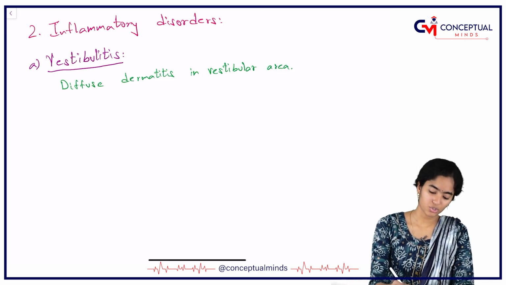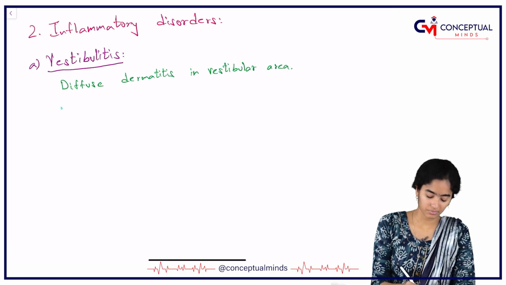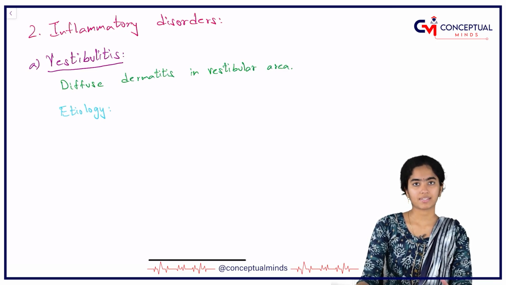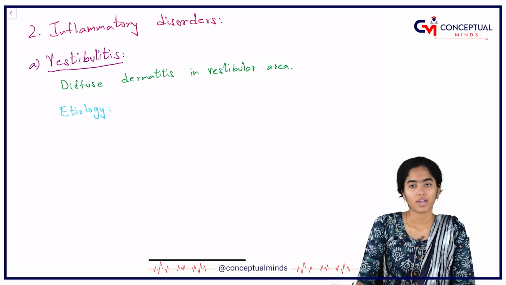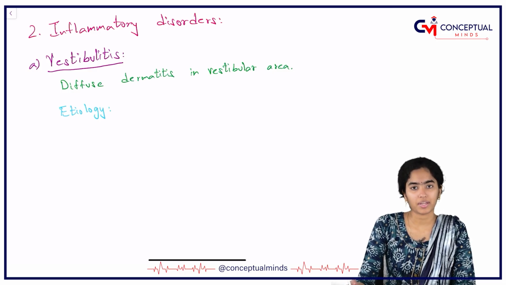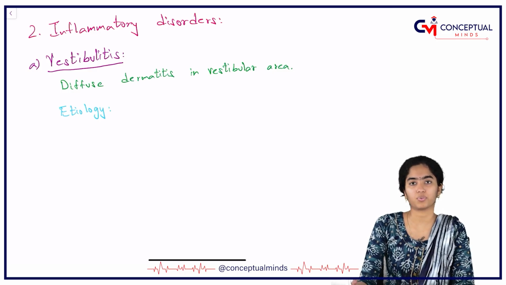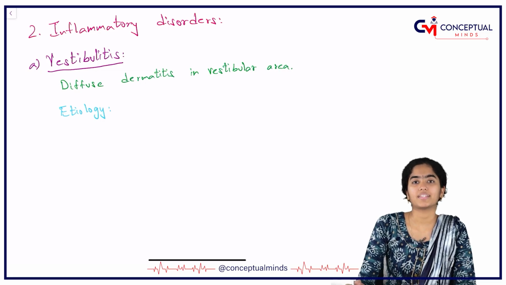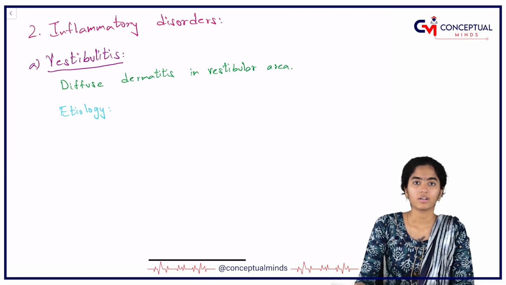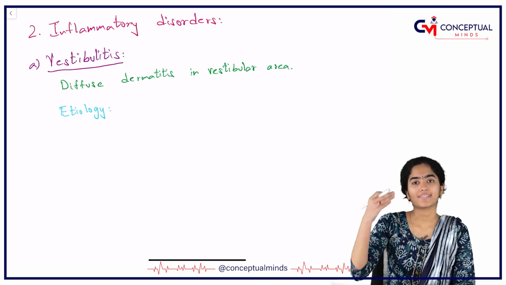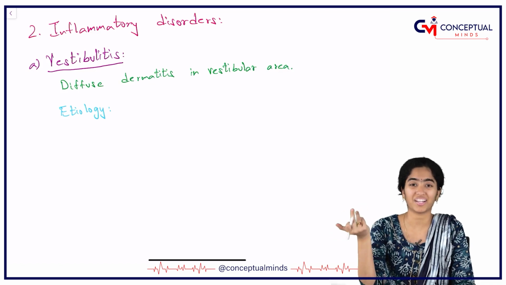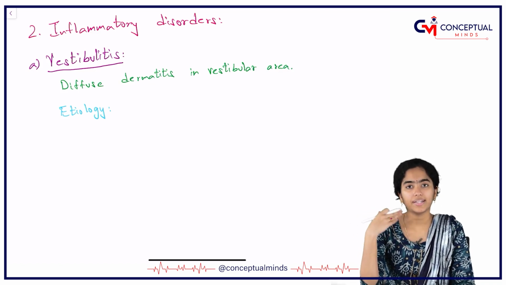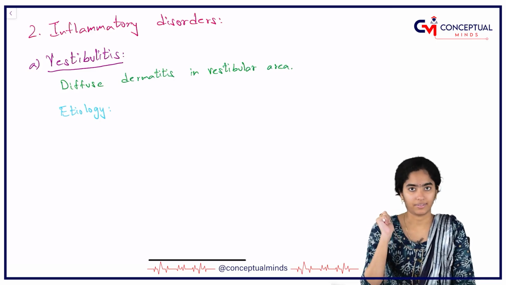What is the etiology? Why will this inflammation occur? First is, if there is a persistent infected nasal discharge that is leading to irritation and maceration of the skin of the vestibule, it will lead to vestibulitis. Is that clear? And that's quite predictable, right? When a person is constantly having a running nose, that too with purulent, infected secretions, it will lead to irritation in the vestibular area.